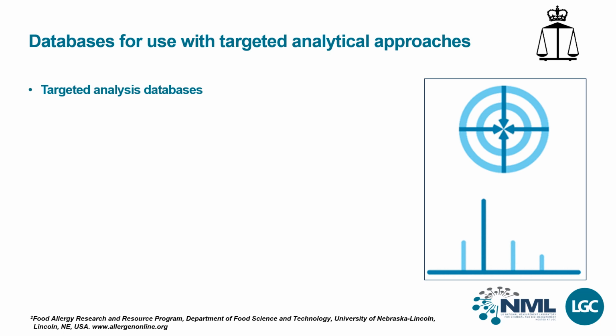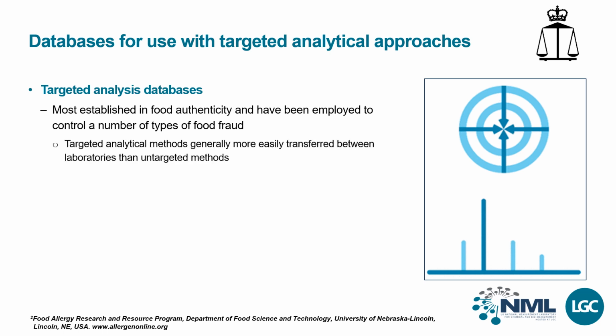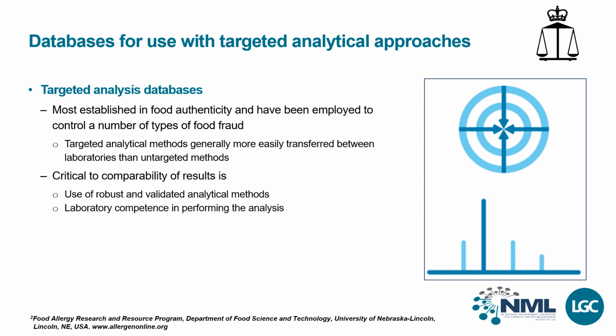Databases employed with targeted analysis are the most established in food. In general, targeted analytical methods are comparatively easier to transfer between laboratories than untargeted methods. Critical to comparability of targeted analysis results is use of robust and validated analytical methods, laboratory competence in performing the analysis, and verification through participation in appropriate proficiency testing schemes.